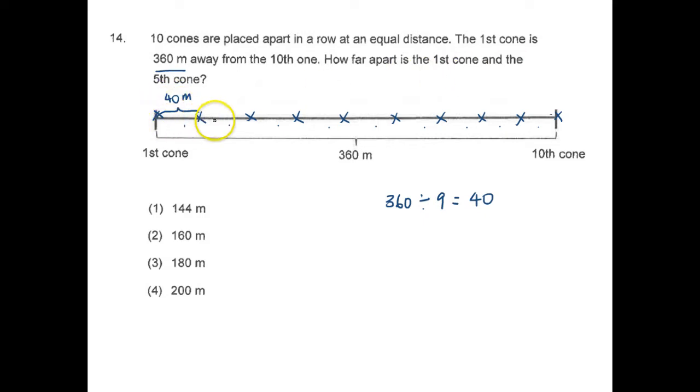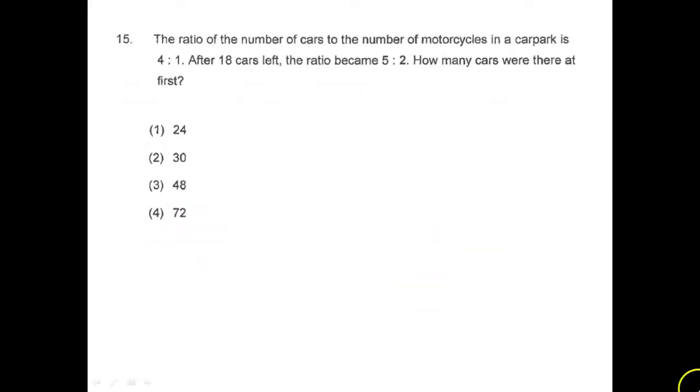So first, second, third, fourth, 5th. So this is my 5th cone. 1, 2, 3, 4, 5. So there are 4 gaps. So 40 times 4, answer will be 160 meter. Option number 2.